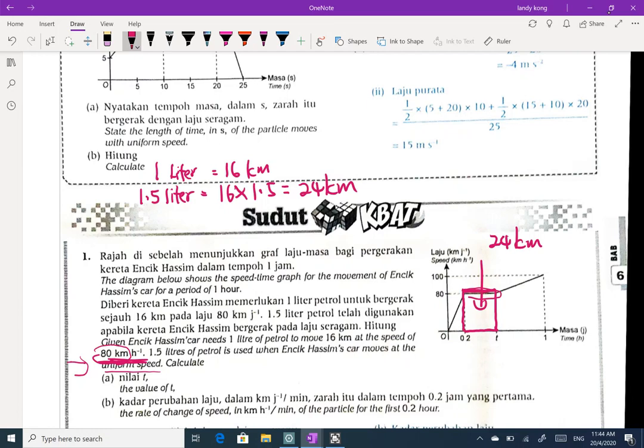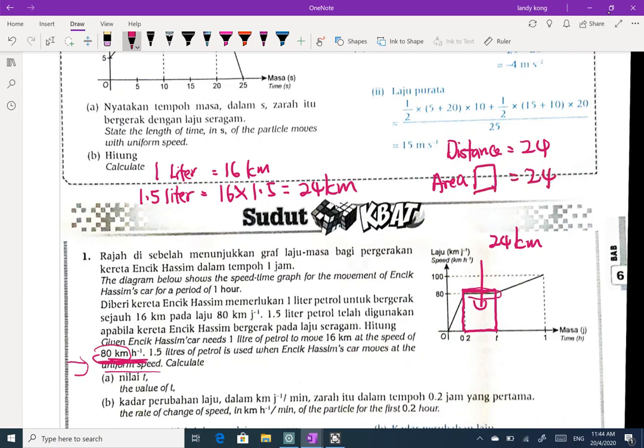The value of t, I want to know the t. I know the distance for this one is 24. So how to find the distance? Sure, I use the area of the rectangle, which is 24.